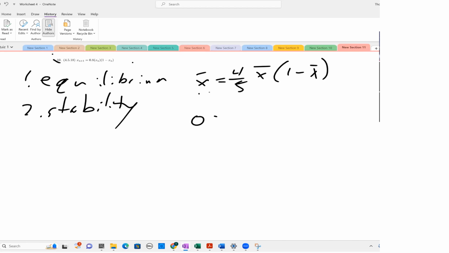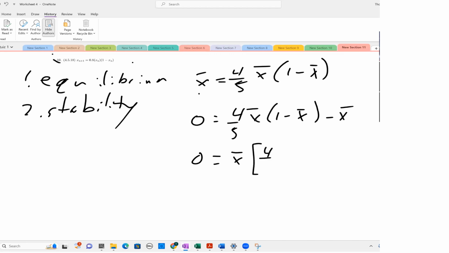So 0 equals 4 over 5 x bar times 1 minus x bar minus x bar. So 0 is equal to x bar times 4 by 5 times 1 minus x bar minus 1.